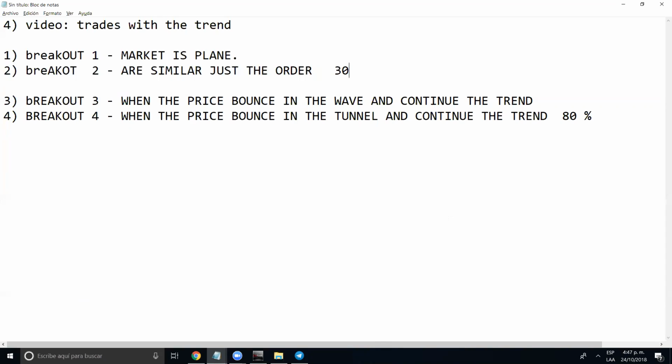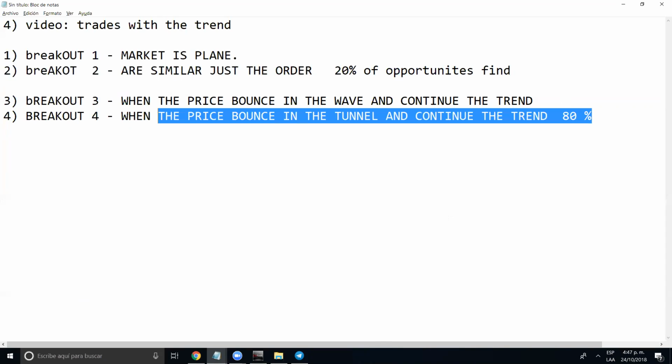Because from this system, you are going to find only 20 or 30% of opportunities from those, and 80% you are going to find in these other two trades.